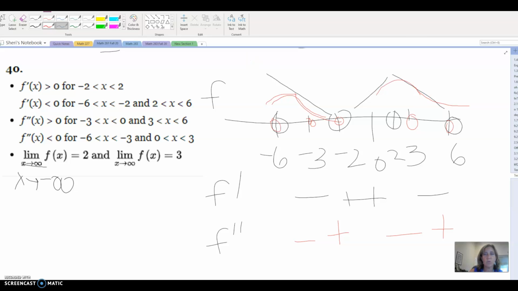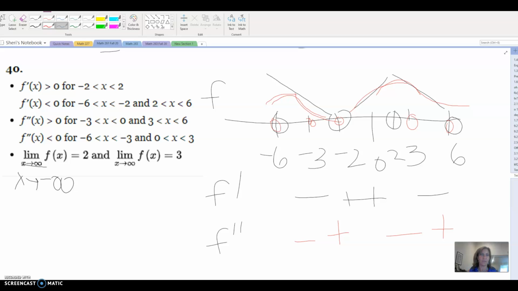And between, we had -6 to -3. I feel like I'm missing something. From -3 to 0. Oh, and 0 to 3 is also negative. Sorry, so all the way at 0, starting here, we have our concave down. So our function looks a little bit something like that.